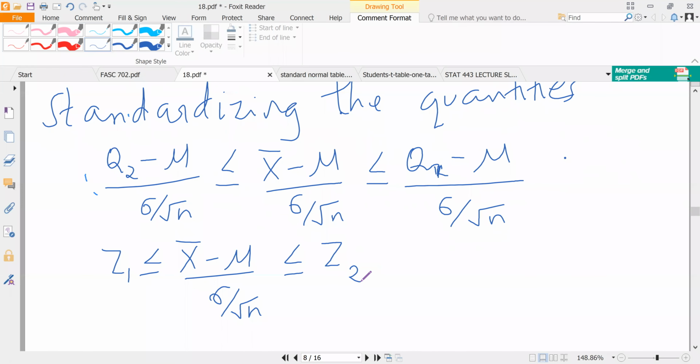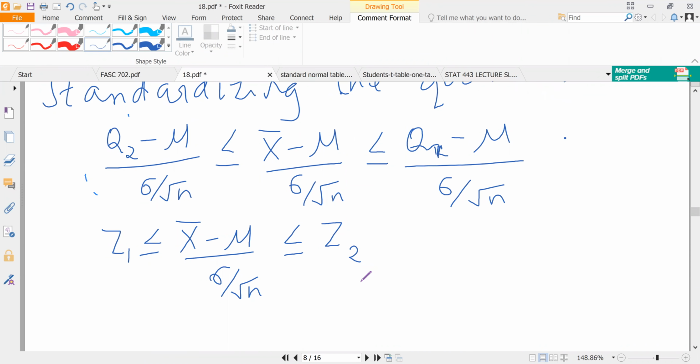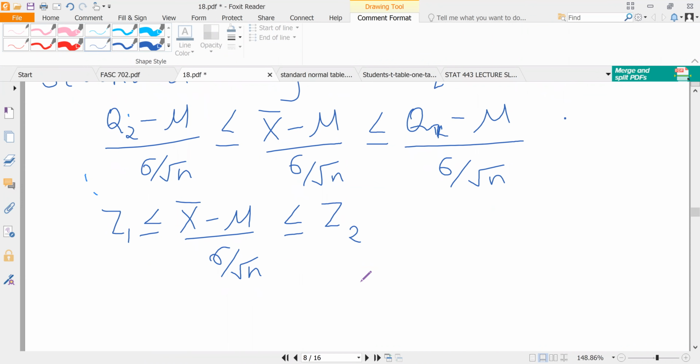Because we have performed this operation of standardization, what we need to know is that Z1, which is equal to Q2 minus mu all over sigma over root n, has a standard normal distribution.